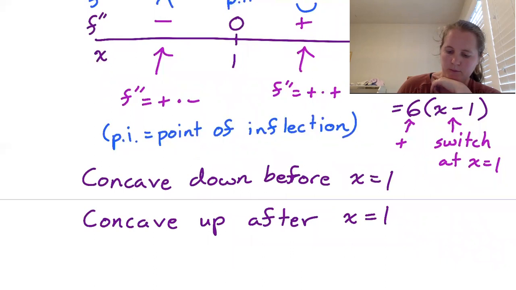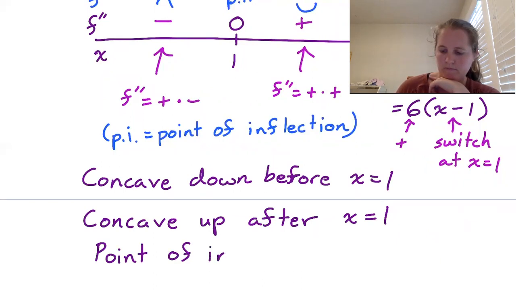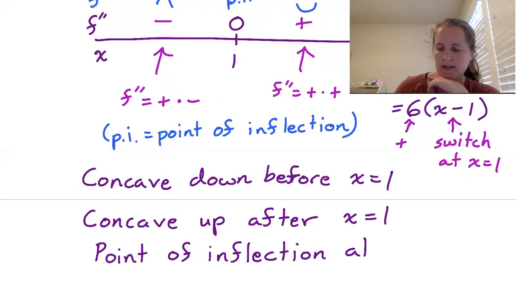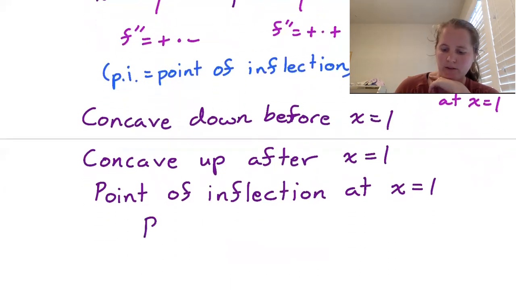And we know that we have a point of inflection at x equals 1. And the actual point would be 1 comma f of 1.